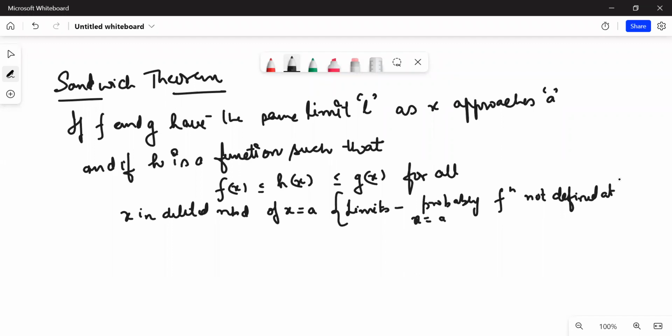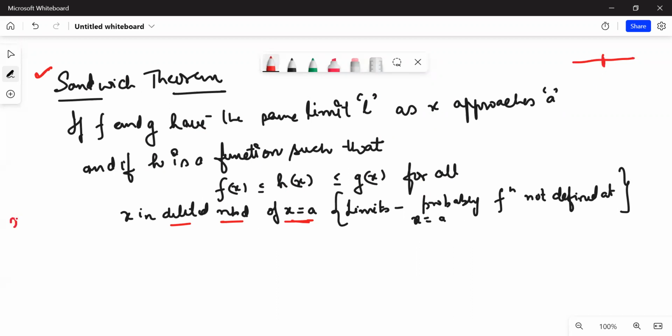So therefore, we talk of something called a deleted neighborhood. I'm rewriting this thing that we were doing in the last lecture. That was called the sandwich theorem. If f(x) and g(x) have the same limit L as x approaches a, and h is a function such that h(x) lies between f(x) and g(x) for all x in the deleted neighborhood of x equal to a, it means it may be possible that at x equal to a your function is not defined.